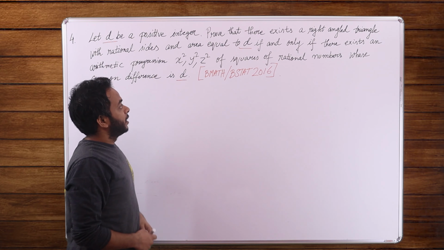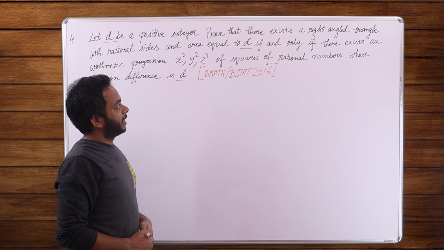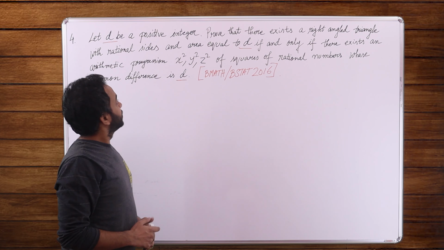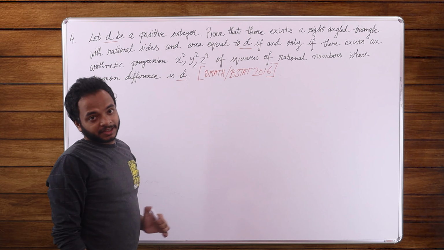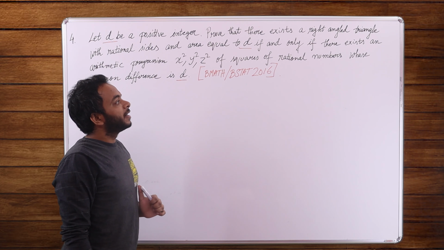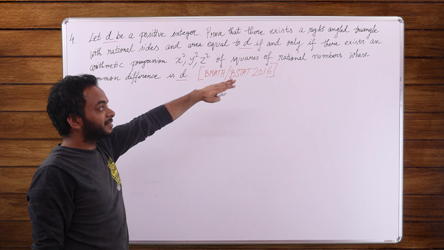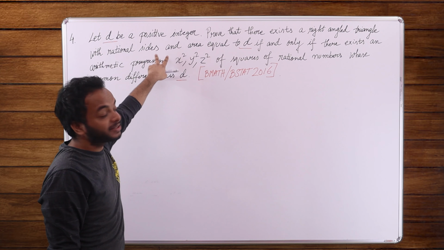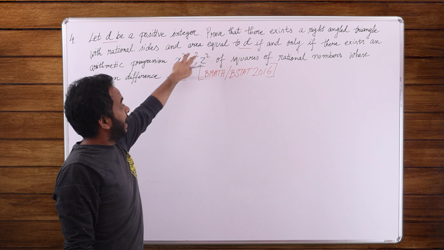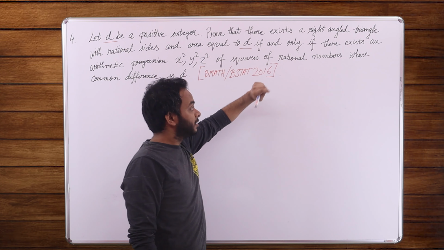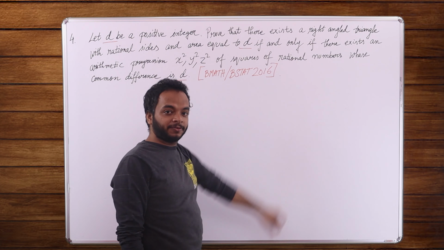Now, first of all, you are given a positive integer d. And now you have to prove that there exists a right angle triangle with rational sides and area equal to d. So let's consider the if part first.